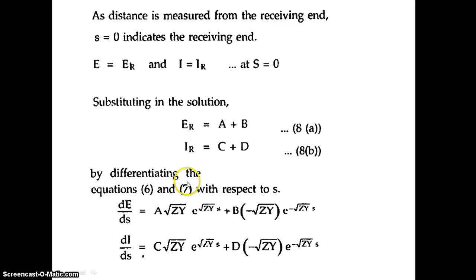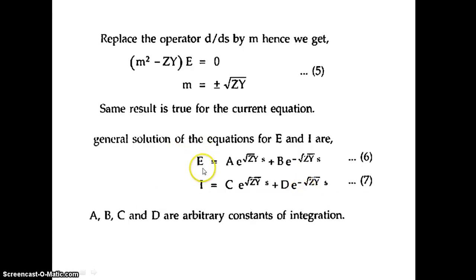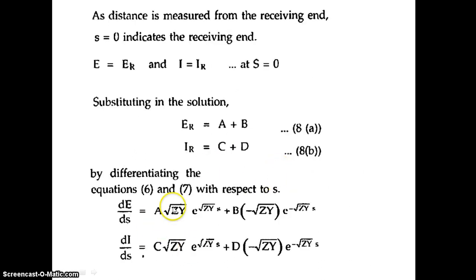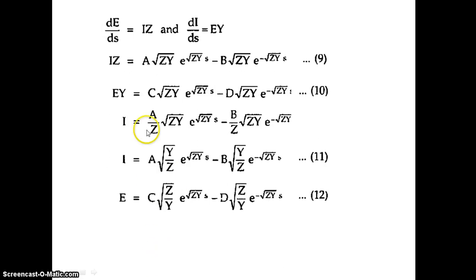Now differentiate equations 6 and 7 with respect to S. So dE by ds equal to A into root ZY e power root ZY s plus B into minus root ZY e power minus root ZY s. Similarly for dI by ds. But we also know from our previous equations that dE by ds equal to IZ and dI by ds equal to EY.